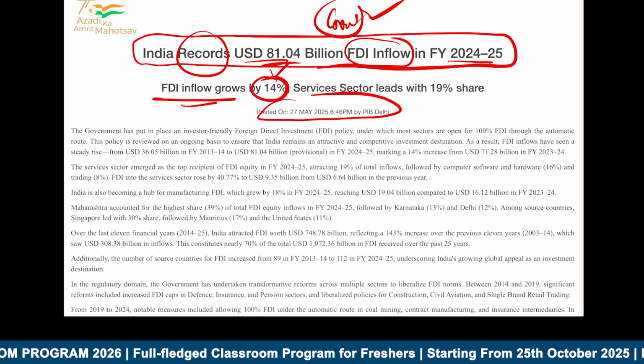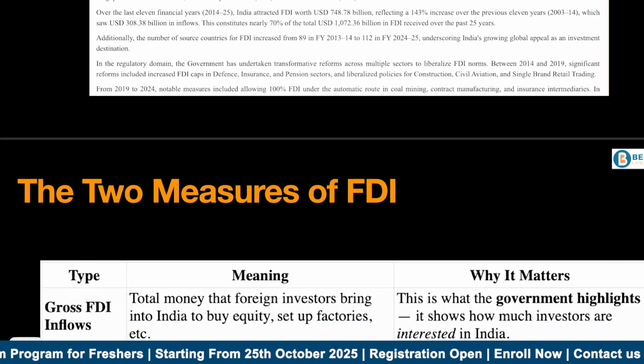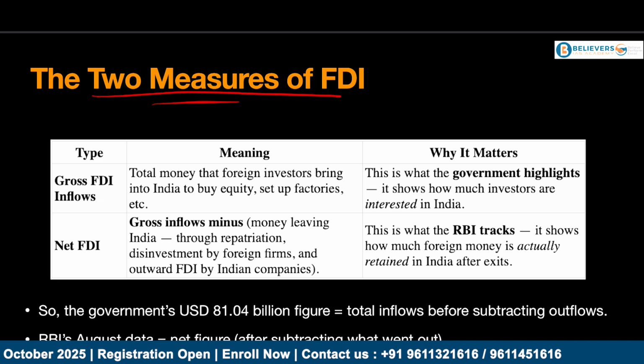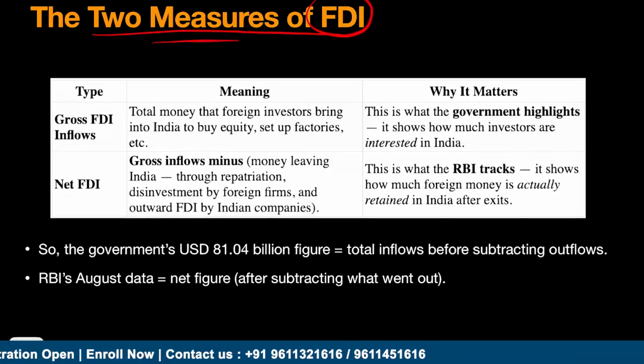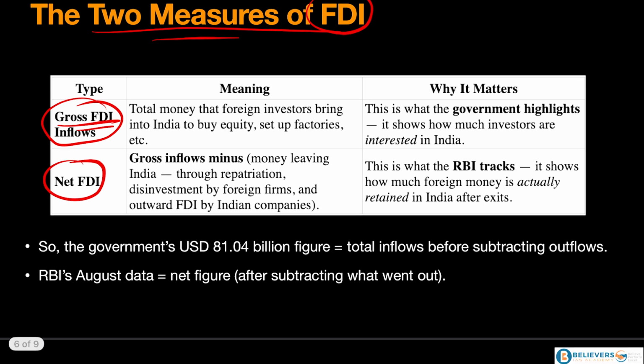Now this is pretty much contradictory, but there is a catch, because whenever we calculate FDI, there are two measures of FDI. One is the gross FDI inflows, and next is the net FDI. So what is gross FDI? That is the total money that foreign investors bring into India to buy equity, set up factories, or invest in India.